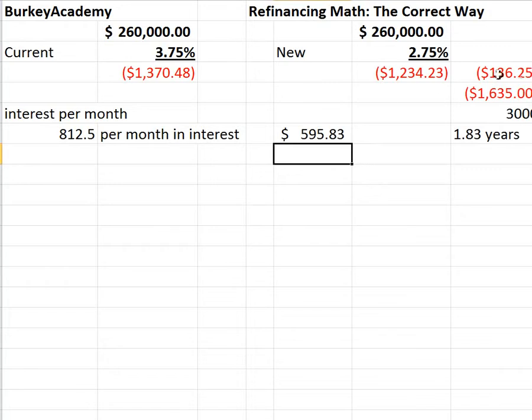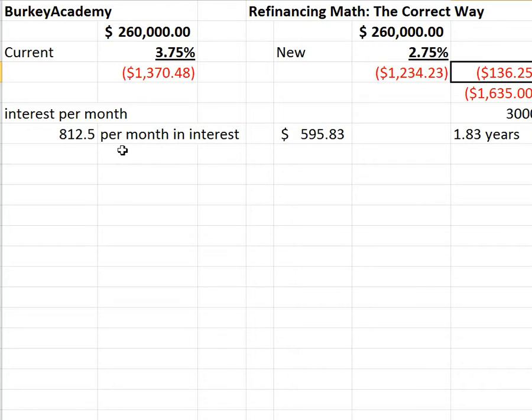Now, remember our payment is going down $136.25, but the amount of interest that we are paying to the bank, this is really what our bill is for our mortgage. It's really the interest. Everything that you pay above the interest is yours. You keep that money. You're paying down the balance of your mortgage with that extra money.